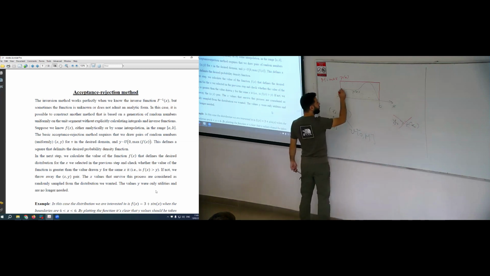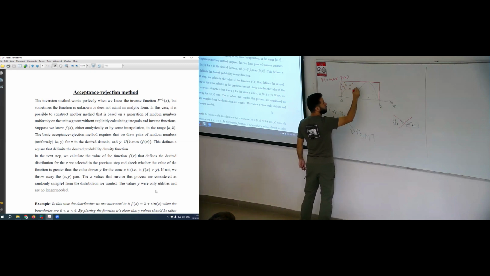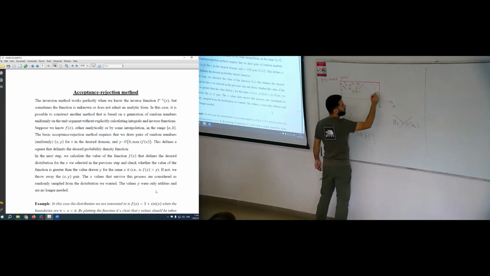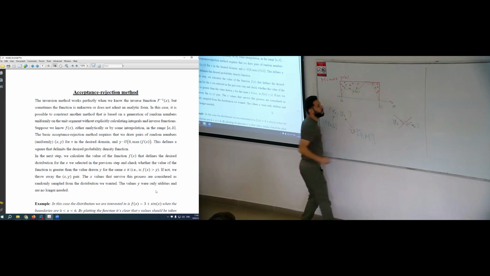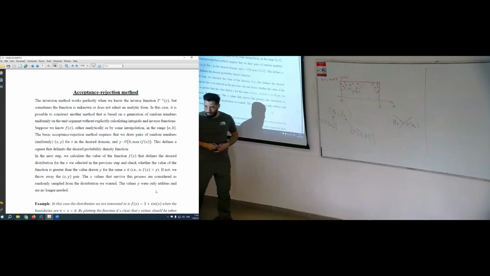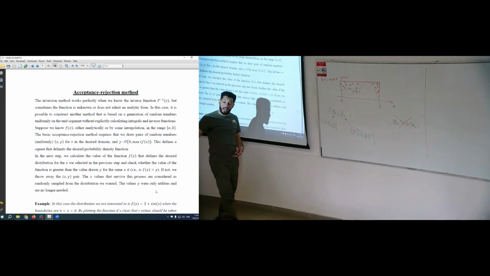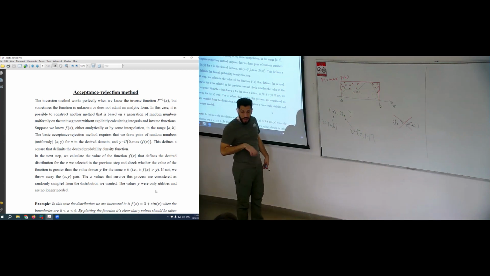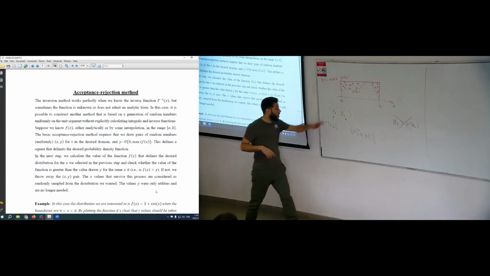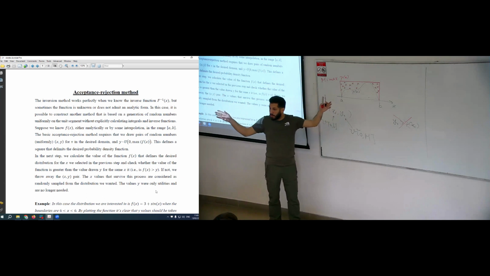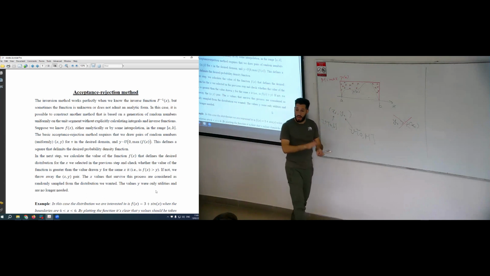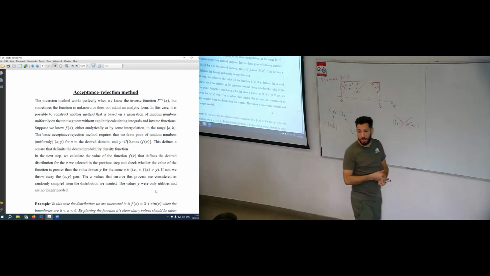So I drop all these points. I don't accept them. And the points that I accept, I take the x's of them. The y's are not relevant for me anymore. And these x's that I got are distributed as I want them.